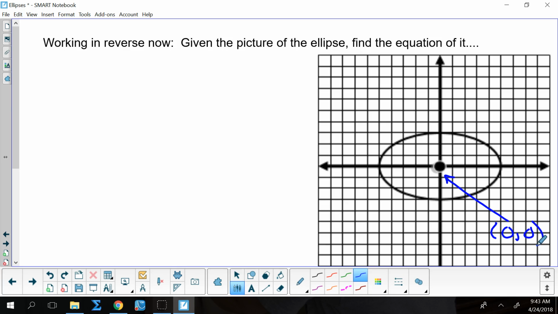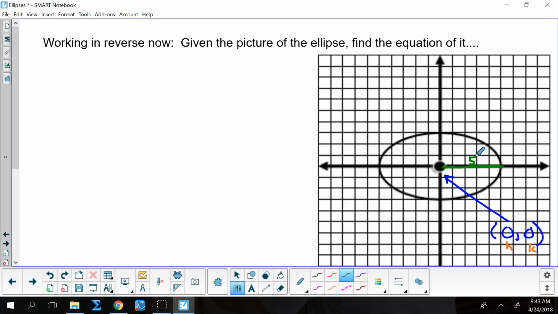Okay. The reason I locate the center is because that's h and that's k. Then I look at how far I went horizontally, and in this case I went 1, 2, 3, 4, 5 horizontally.